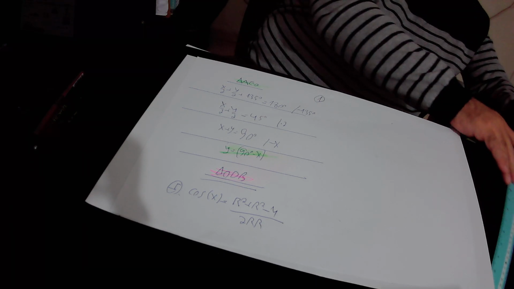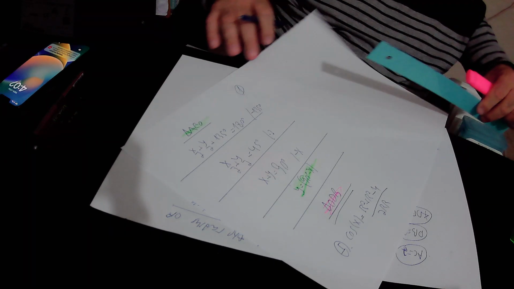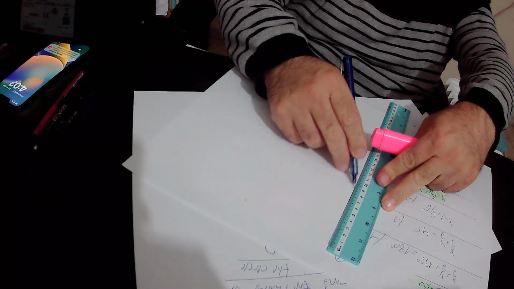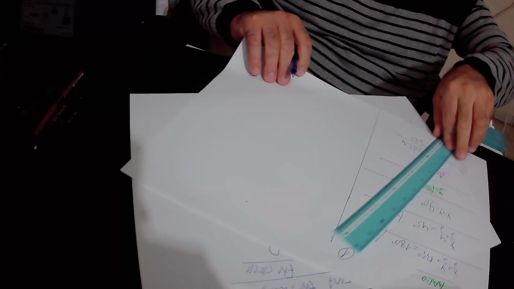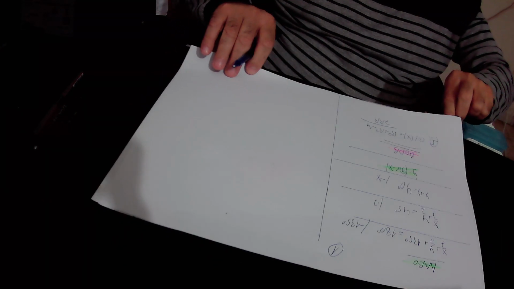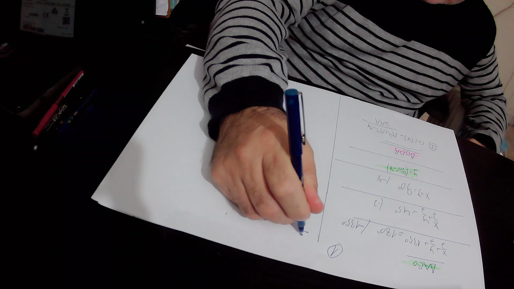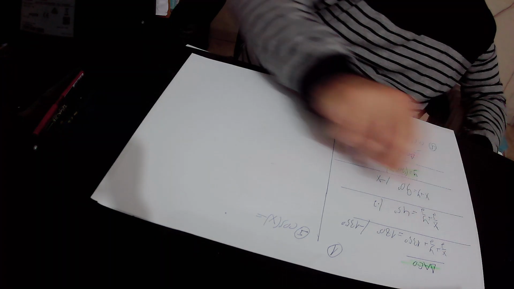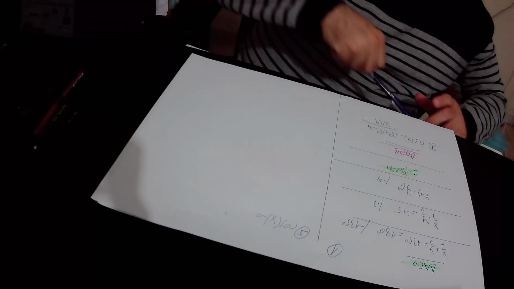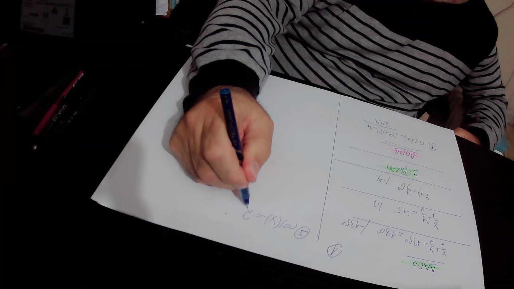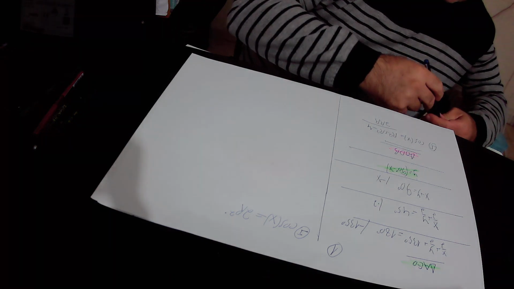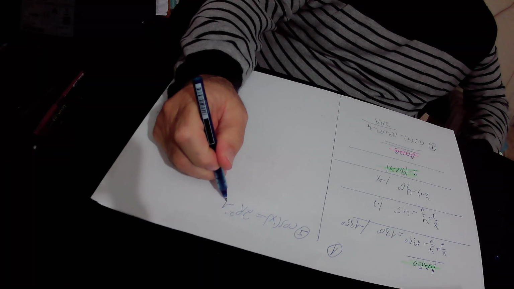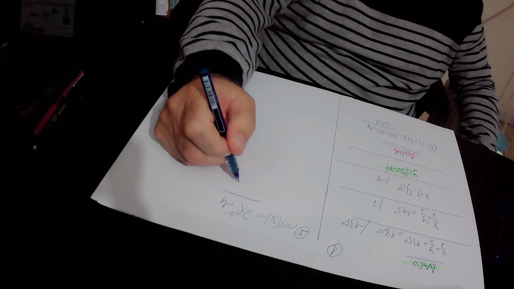Okay, so here we have cosine x equals r squared plus r squared, which is 2r squared, minus 4, over 2 times r times r, which is 2r squared.